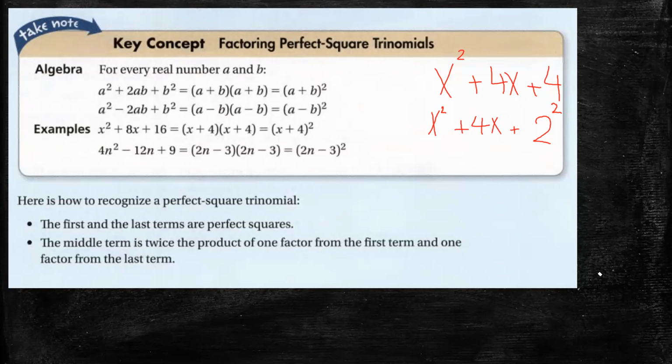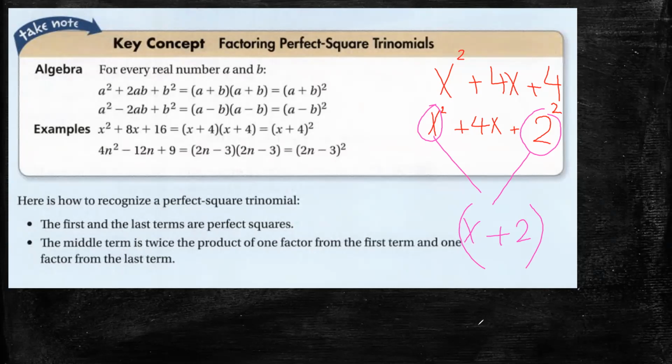Then this is an x, and these two, bring them here. So you write this trinomial as a perfect square: the first and the last term are perfect squares.